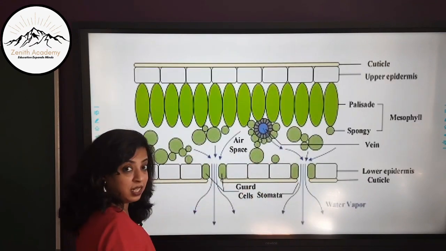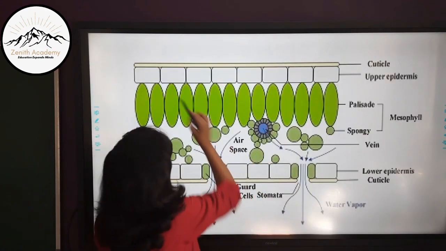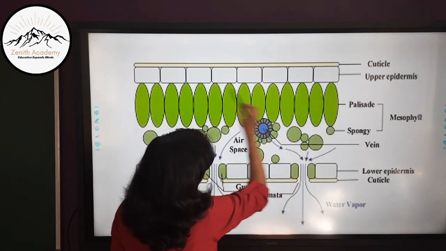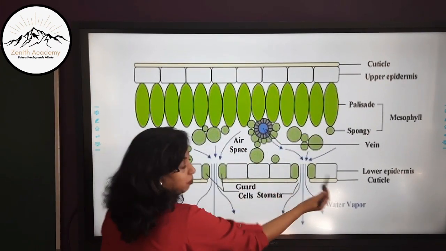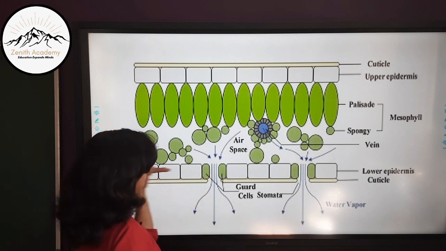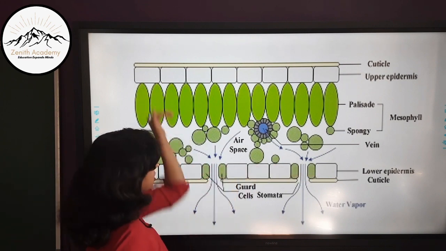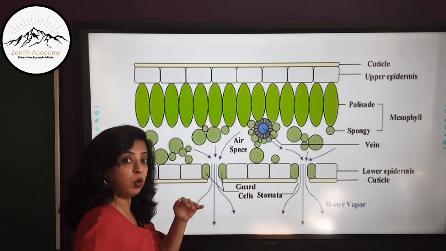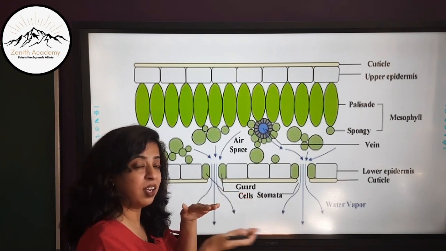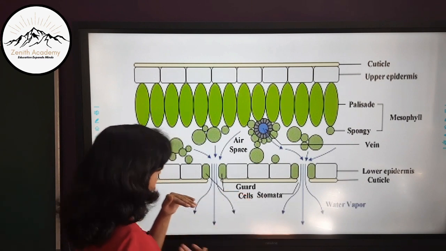So here you can see a leaf tissue. This is the epidermis, the upper epidermis and the lower epidermis. These are the layers. This is the lower layer of the leaf and this is the upper layer of the leaf. We know the upper layer is darker and the lower layer is a lighter shade of green.